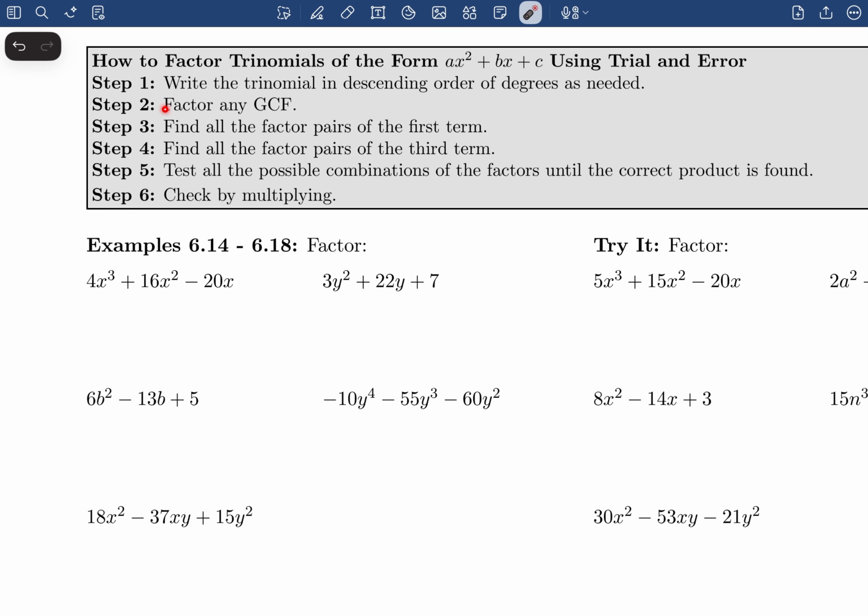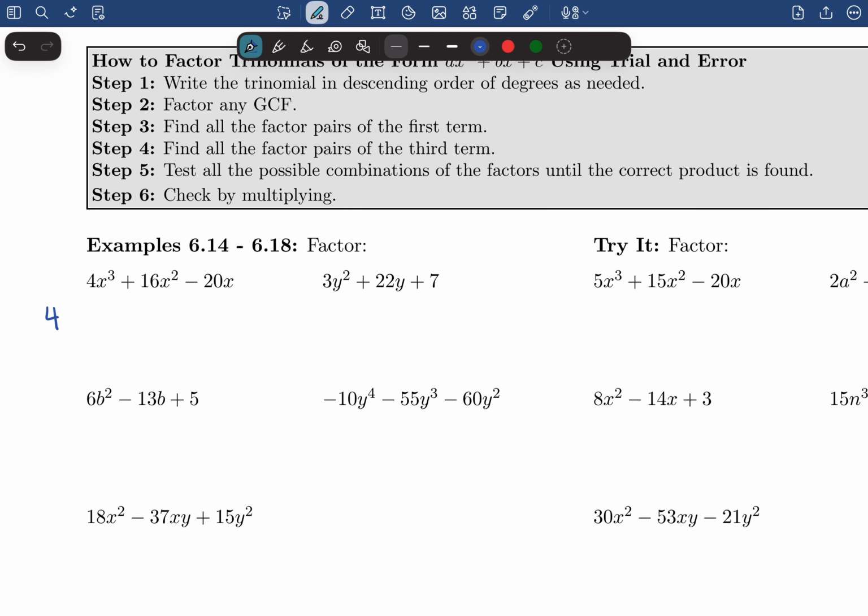Next, step 2, factor any greatest common factor. So you'll look back to our last lesson in which we discussed greatest common factors. Those are the factors that all three of the terms share in common, and we factor it out. So when I see 4, 16, and 20, my brain says, well, the GCF of 4, 16, and 20 is 4.